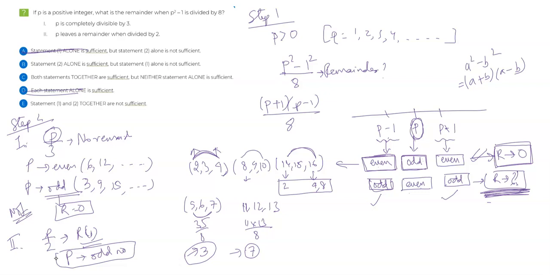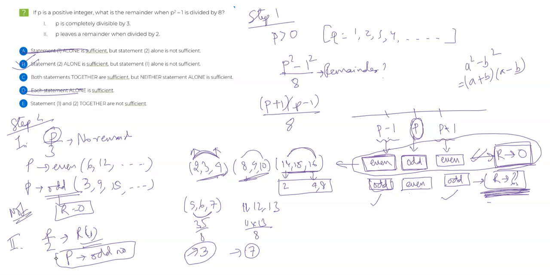Now if p is an odd number, we have done a pre-analysis. We know that in case of an odd number, we don't need to know the exact value of p. We can very confidently say that if p is odd, then p plus 1 and p minus 1 are both even, and their product is always divisible by 8, as can be seen in all these cases. Thus the answer in this case will be option B.